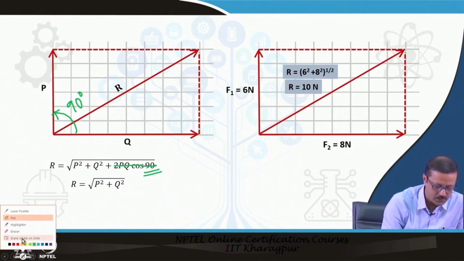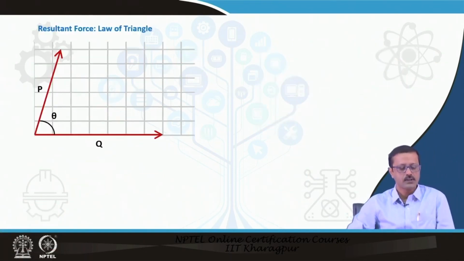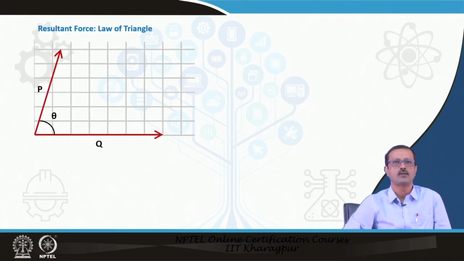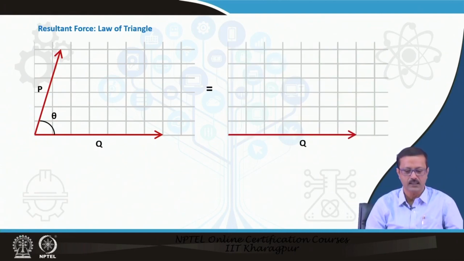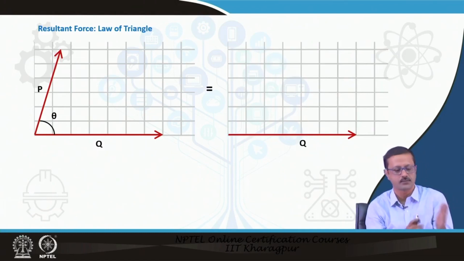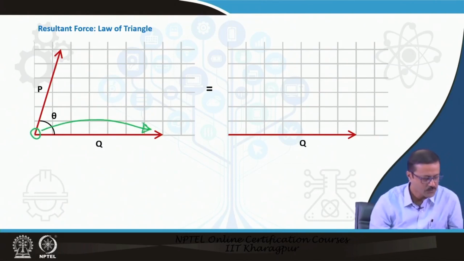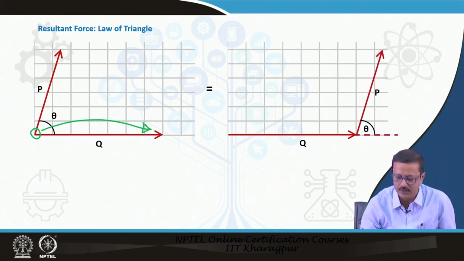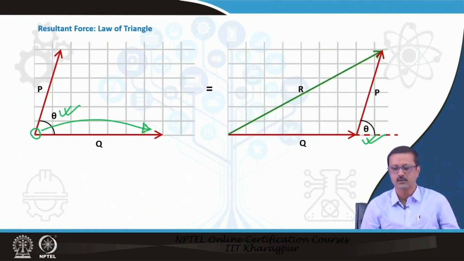This is for the concurrent forces, and they can also be thought of through the law of triangle. Taking the earlier example, if I take P and Q with an angle of theta, Q can be placed like this and P can be shifted from this point to this point. The shift keeps the same inclination. Then we close the triangle with the other side and find the resultant.